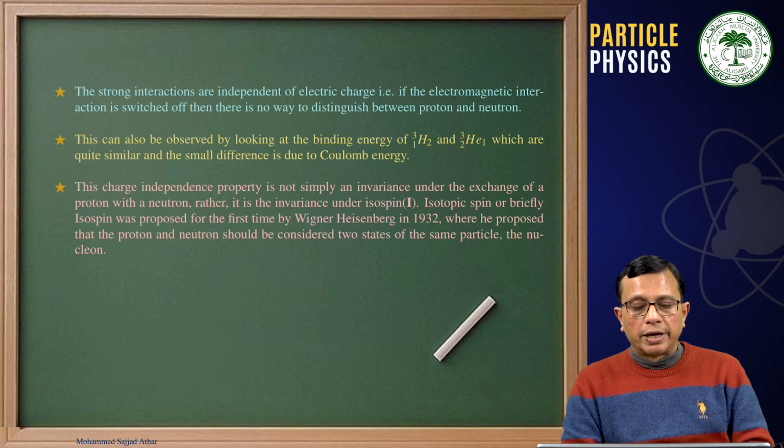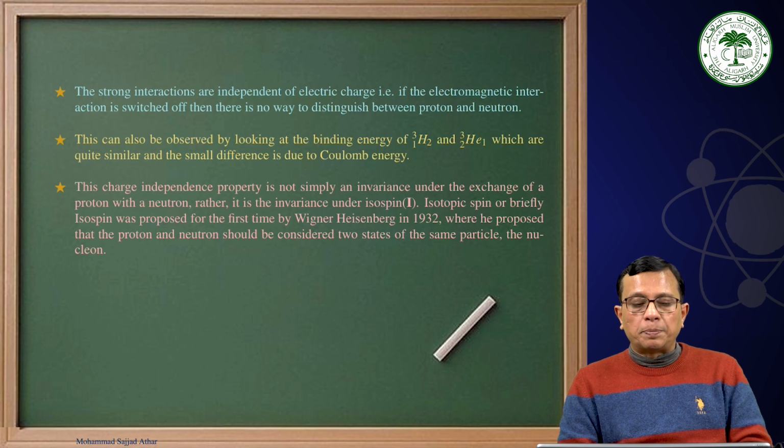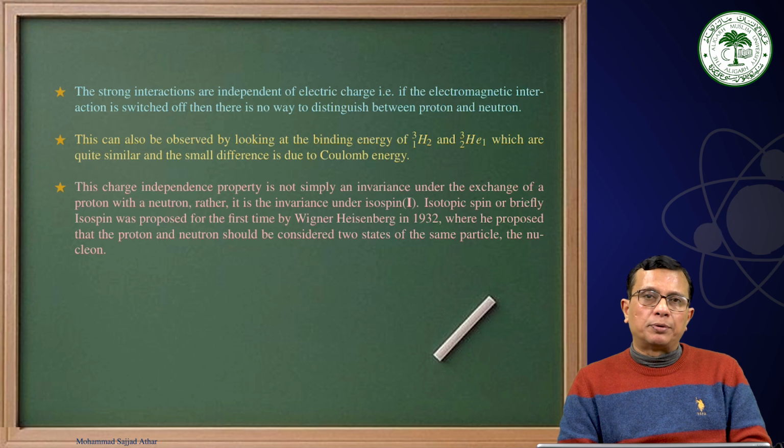Therefore, the charge independence property is not simply an invariance under the exchange of a proton with a neutron; rather it is an invariance under isotopic spin, or isospin. Isotopic spin was proposed for the first time by Heisenberg in 1932, where he proposed that the proton and neutron should be considered two states of the same particle, and he gave a common name to them: nucleon.